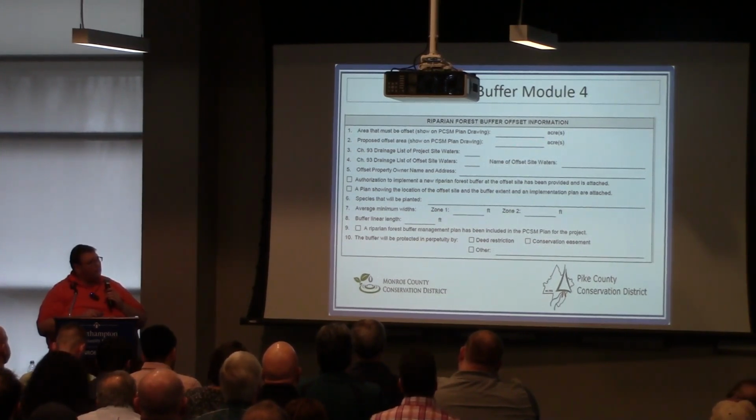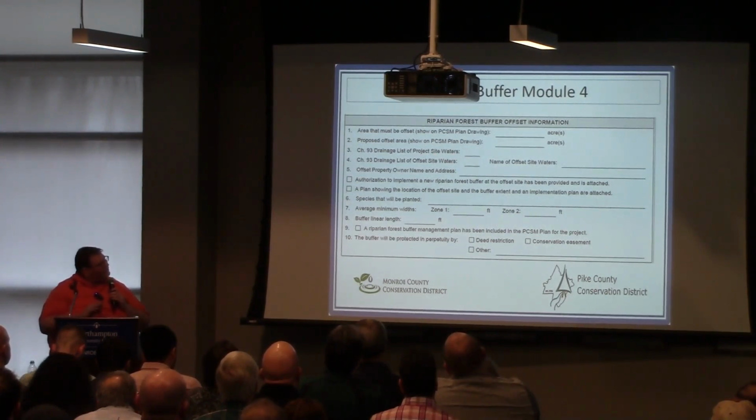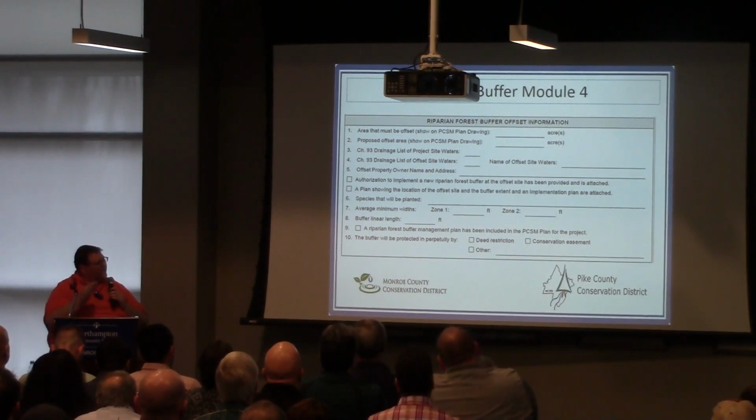If you want to propose more, you certainly can. And then this goes into the siting. There's a hierarchy in the guidance that says you need to have it either on-site or within the same drainage list, and so on and so forth.